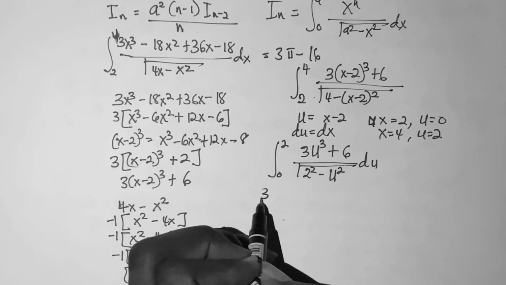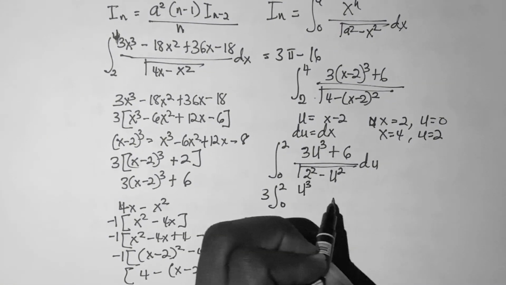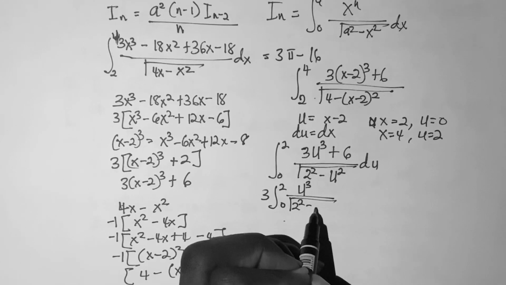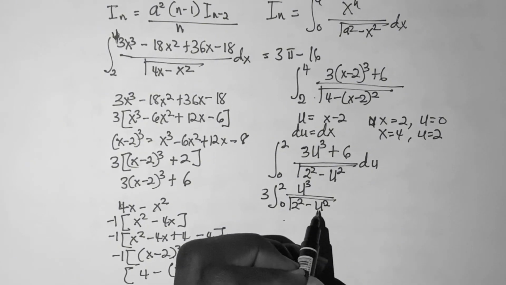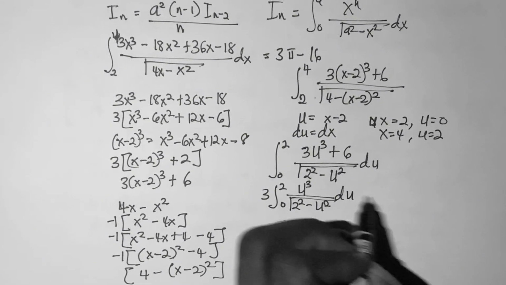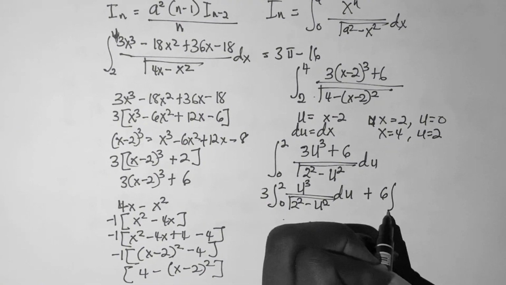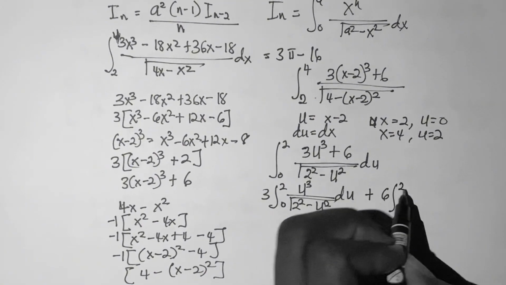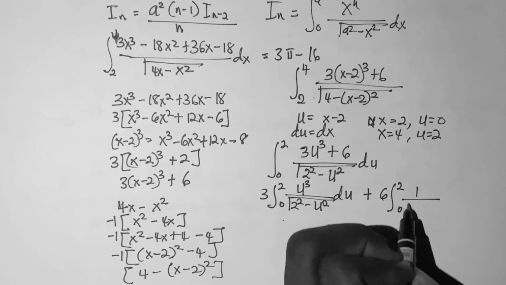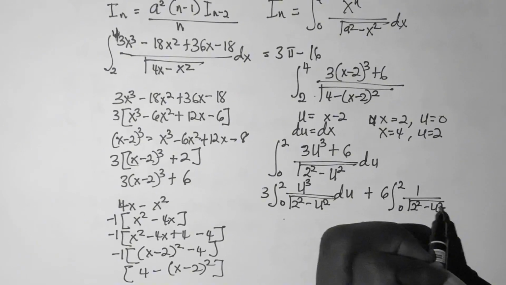So this becomes 3 times the integral from 0 to 2 of u cubed divided by the square root of (2 squared minus u squared) du, then plus 6 times the integral from 0 to 2 of 1 divided by the square root of 2 squared minus u squared du.